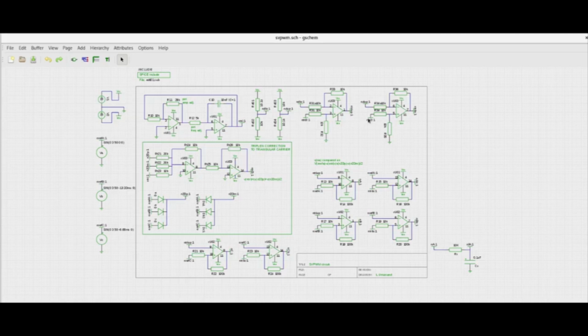So you see here the schematic in gschem, svpwm.sch, and within the page boundary I have the circuit, and outside the page boundaries I have some portions of the circuit like the sources, the DC power supplies, and some filter here outside.